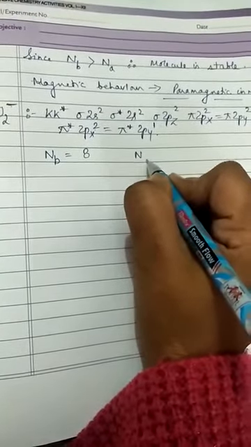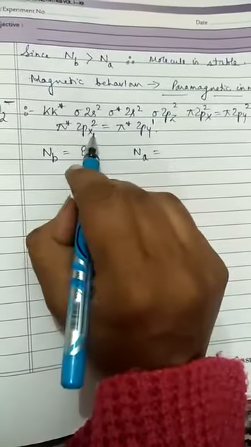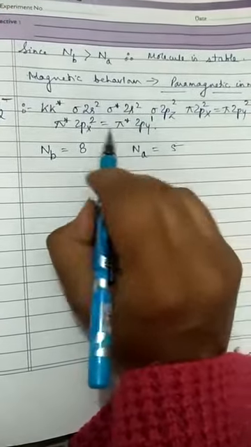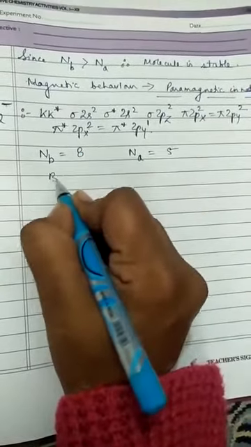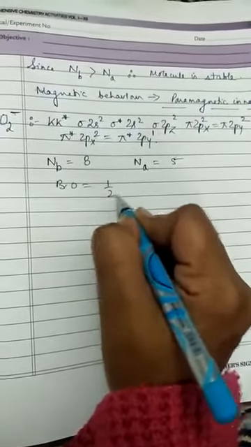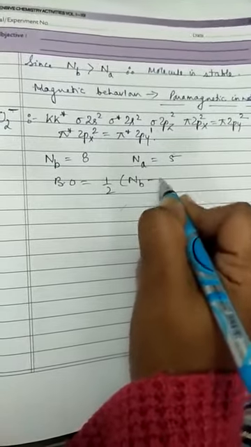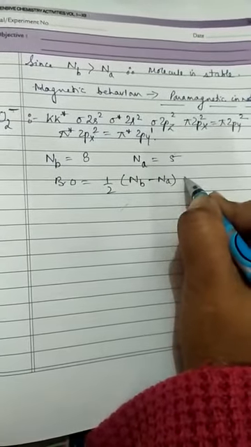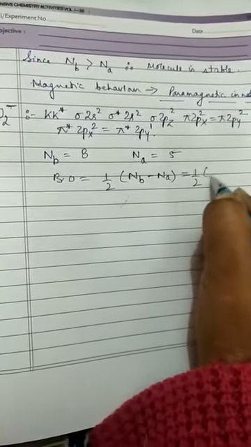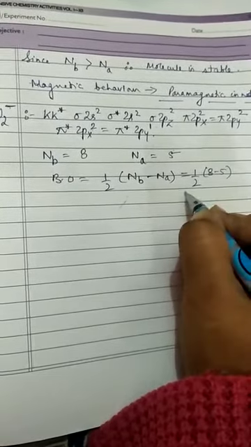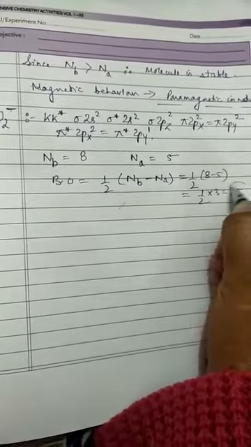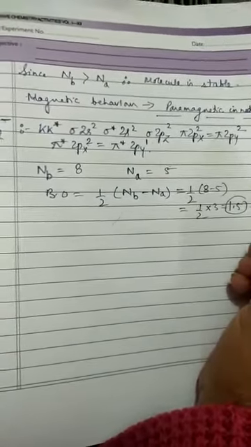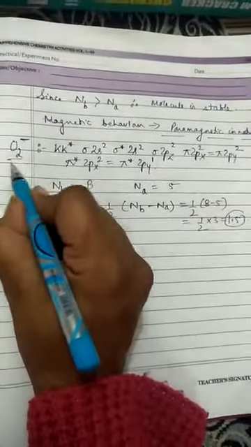And in case of anti-bonding, students, 1 has been added. Earlier it was 4, now it will be 5. So you can easily calculate the bond order here. It is half Nb minus Na. So students, this will be half of 8 minus 5. So it's half into 3, that is 1.5. This is the bond order of the O2 negative species.